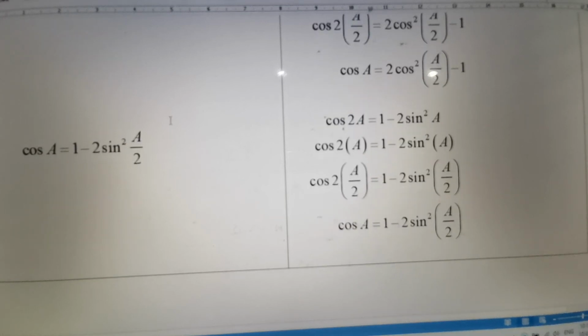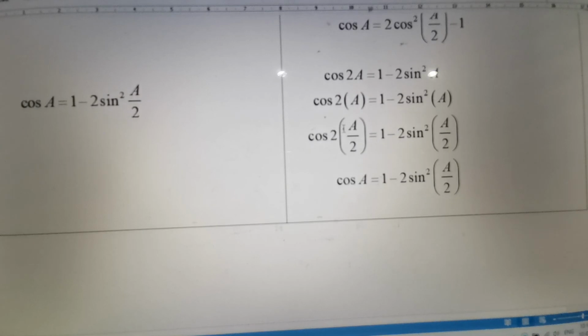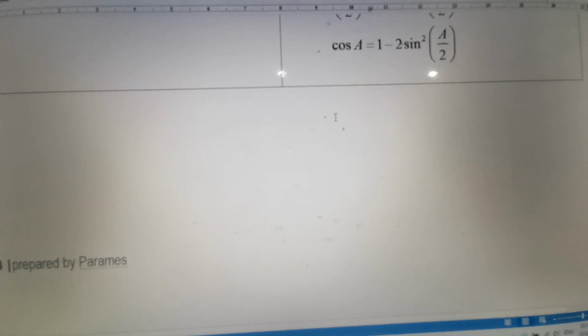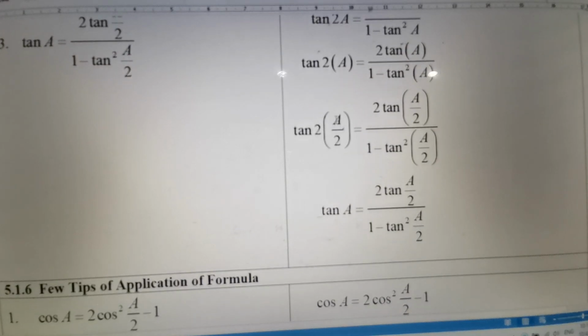Cos 2A has 3 formulas, remember? So I can alter 3 cos A's too. Just go through any problem. Do not hesitate.